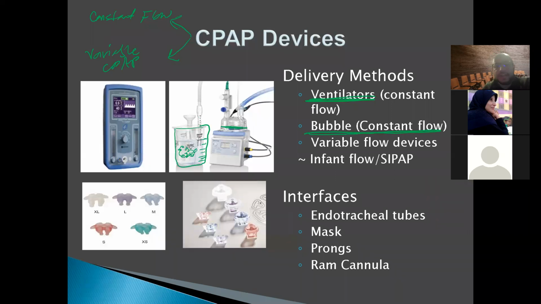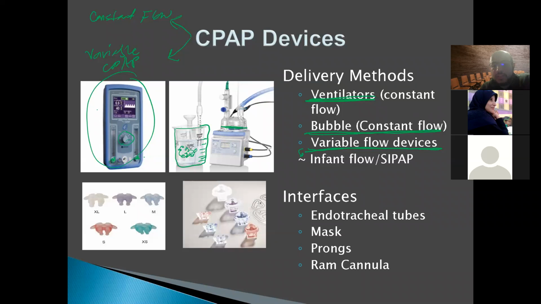And then you have a fancy machine here that's called a variable flow CPAP device. Variable flow is the infant flow, which is the CPAP or BiPAP. This one has a blender that controls oxygenation, from room air to 100%. Here is the flow, here the pressure, and you can see numbers, so you control it.